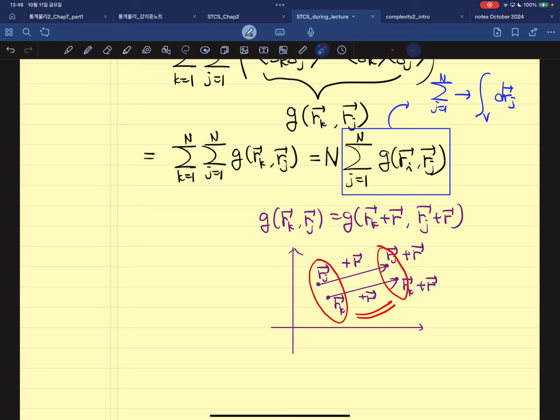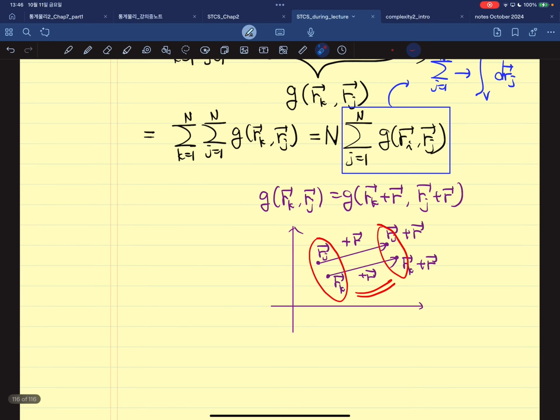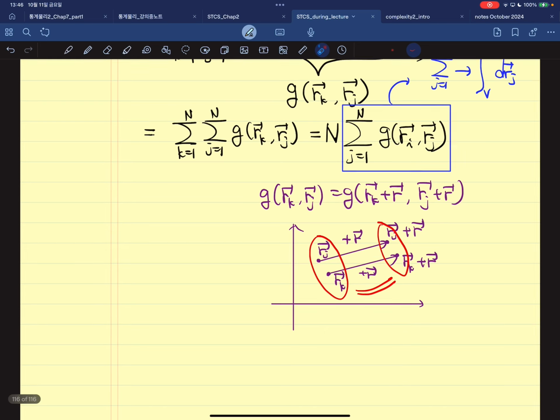So of course, when we deal with the integration, we have to put some kind of volume variable here, or the length scale variable in the denominator to make all this dimensionless. But in our textbook, we actually skip that part.